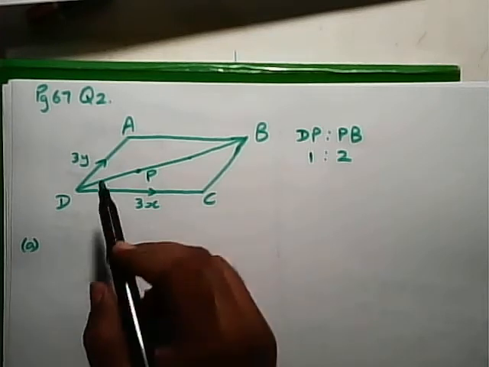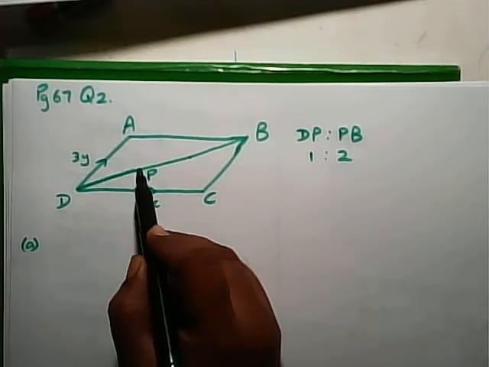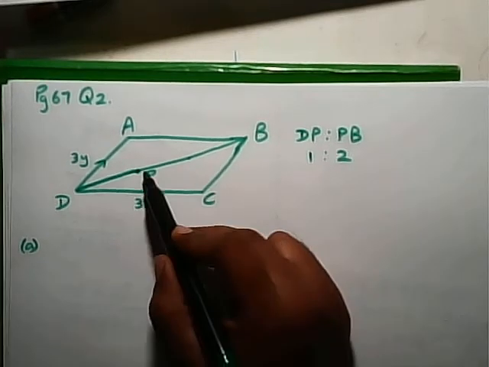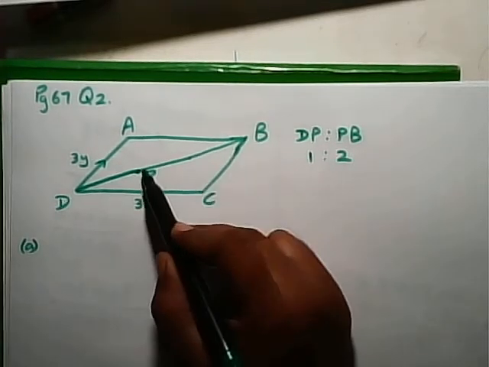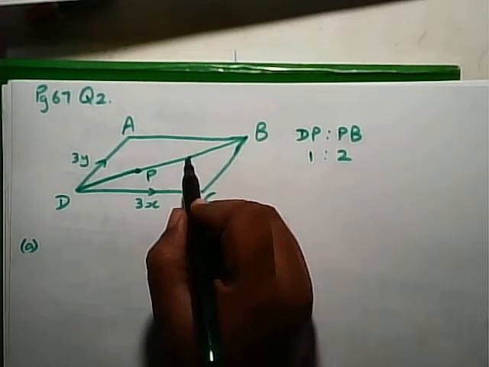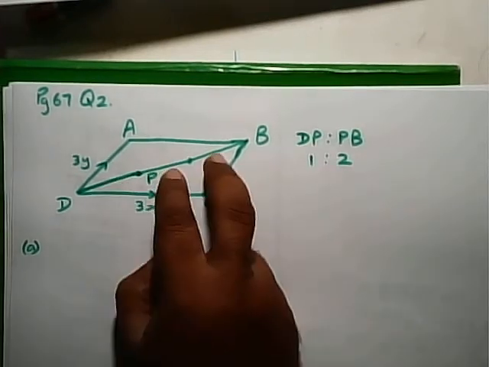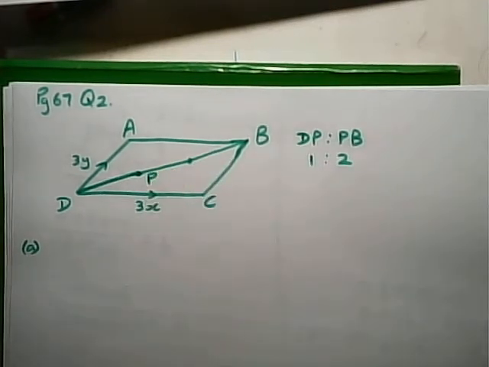That means from P to B is twice as long as from D to P. So this line is separated into 3 pieces, a 1 piece and a 2 piece.